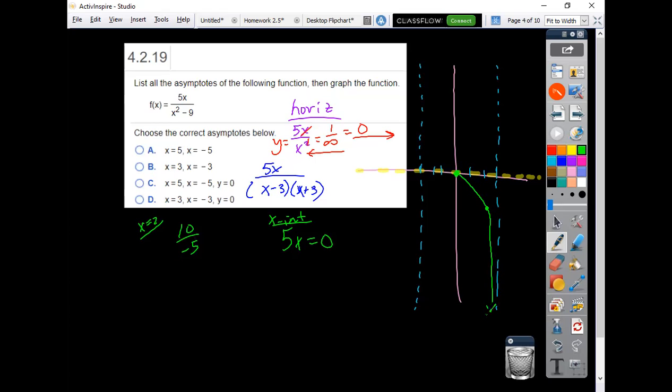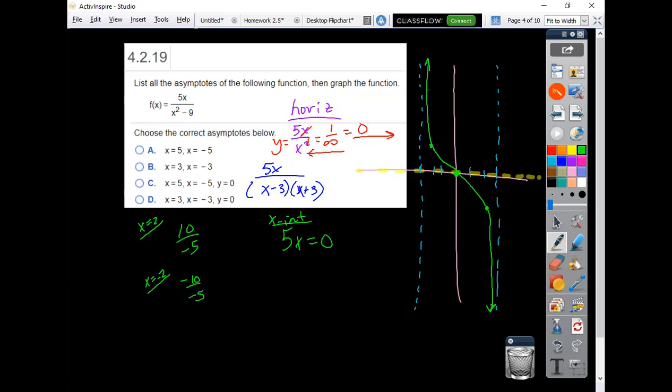If I put in a negative 2, the numerator would be negative 10, and negative 2 squared is 4, minus 9 would be negative 5. So that would be at positive 2. When x was negative 2, that would be positive 2. So that's over here, so it must be doing this in that section.